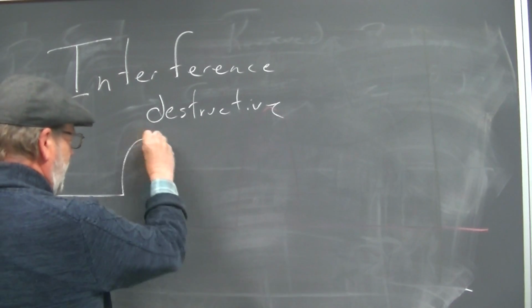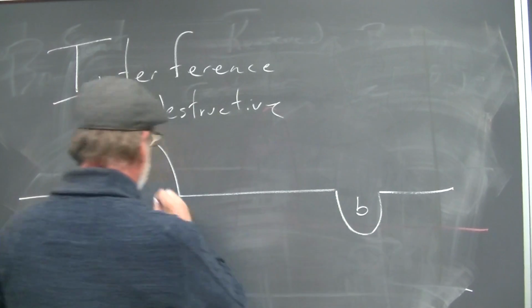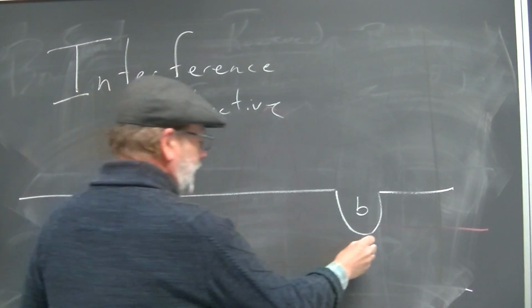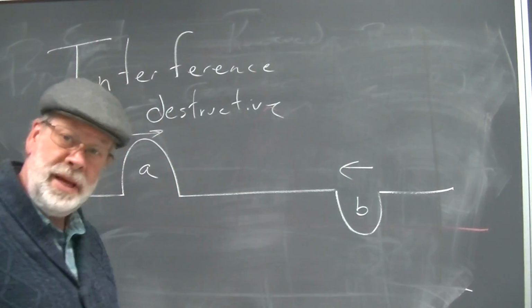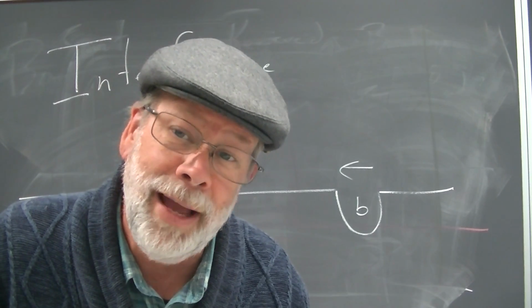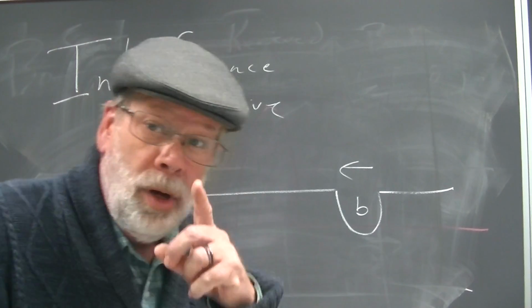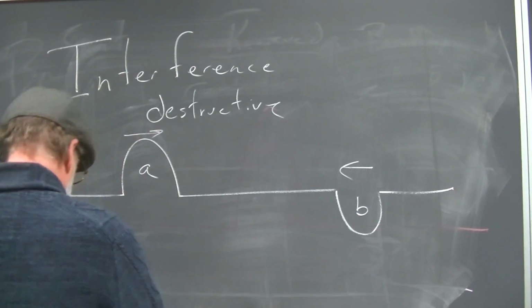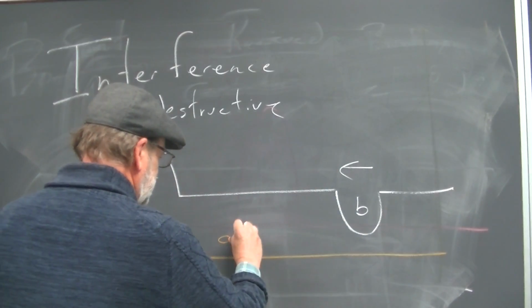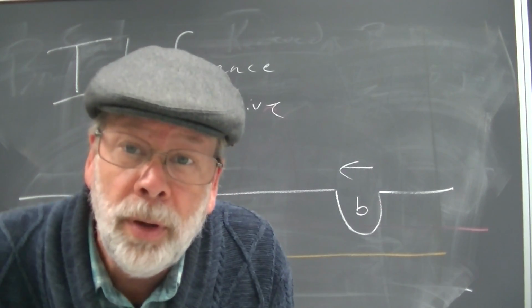So similarly, you have A heading in, but now B is the opposite. So while A has an up amplitude, B has the negative, the down amplitude. What happens when they meet? Well, if their amplitudes are the same distance above as they are below, a very odd effect ensues. So this is A plus B, because B would be a negative number.